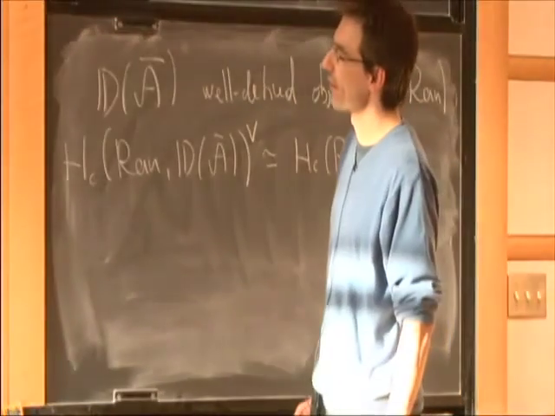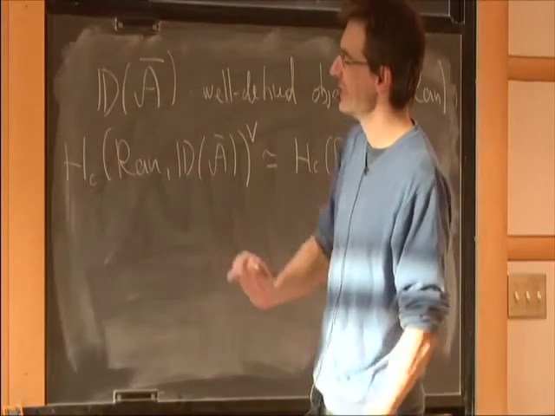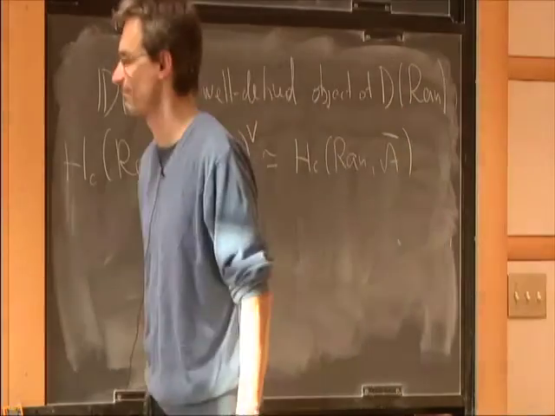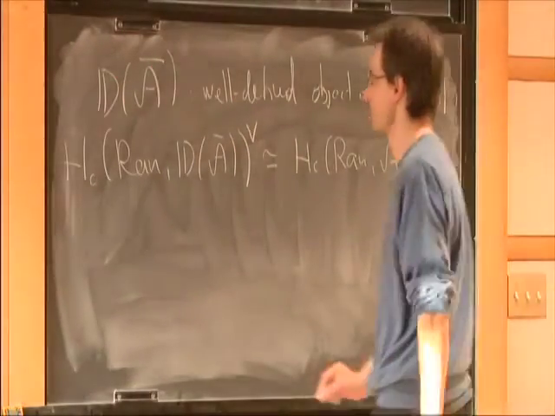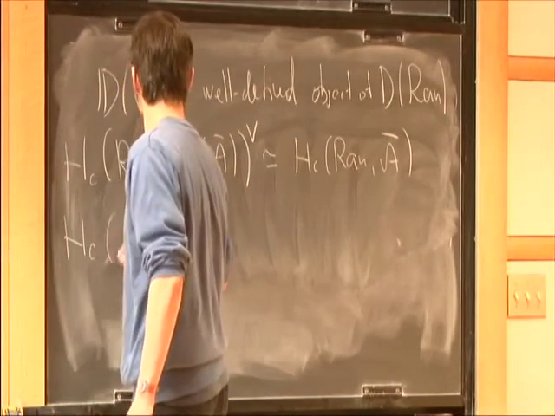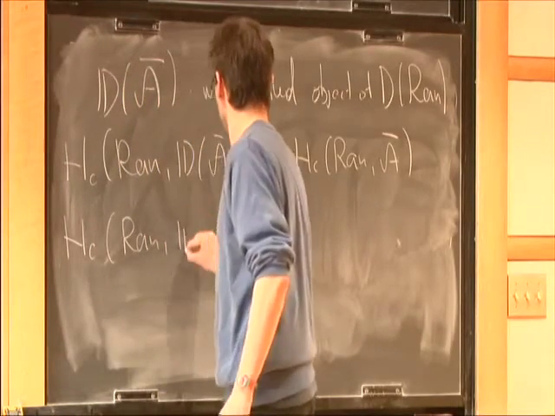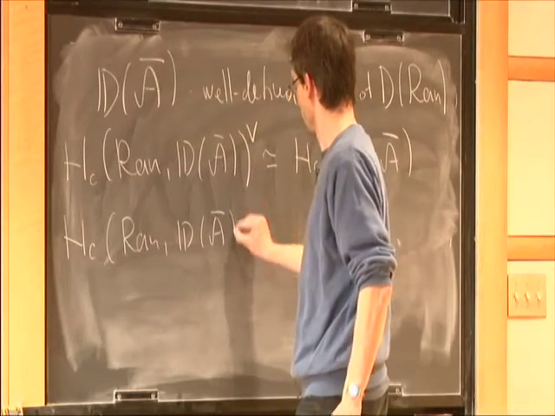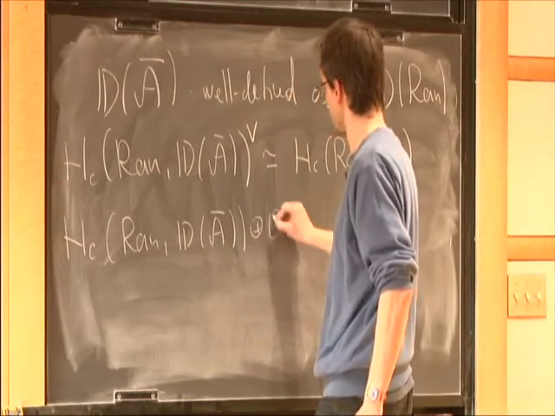So therefore, I'll reformulate what I want to show. I want to go from cohomology to homology. What I want is the cohomology on the Ran space of A bar, corrected by this missing unit.